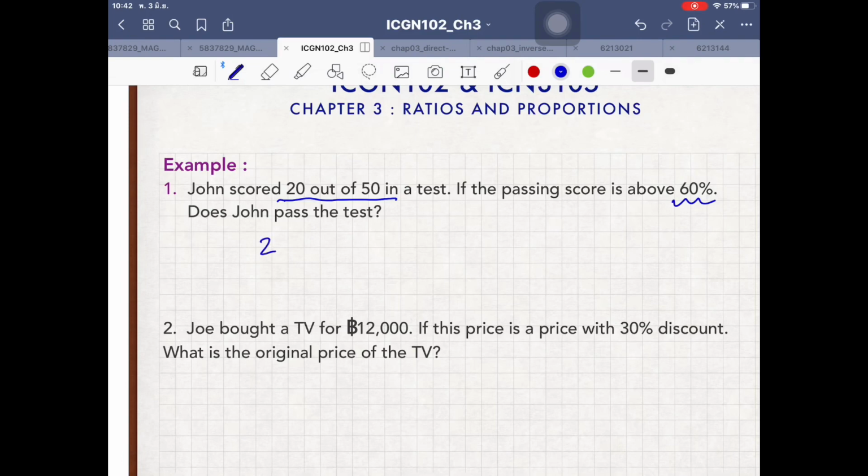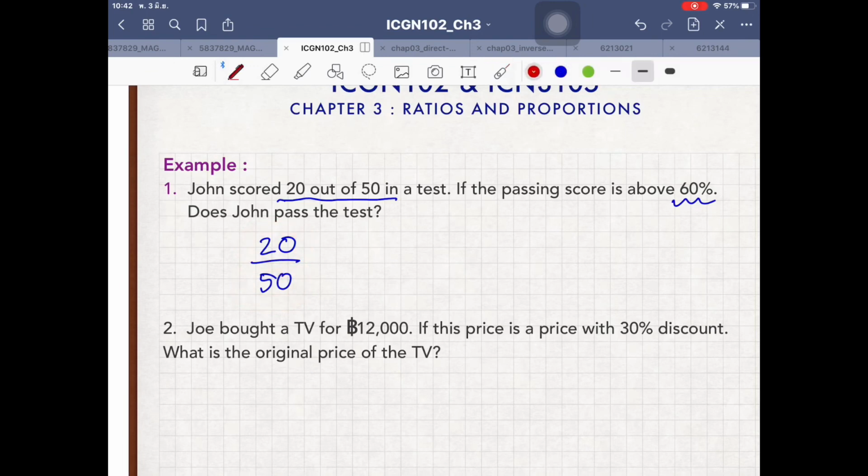So how can we change from 20 over 50 to a percentage? Here, to talk about the percentage, it means that you need to compare some number to 100, right? Now you compare 20, the score that John already got, to the full score of 50.